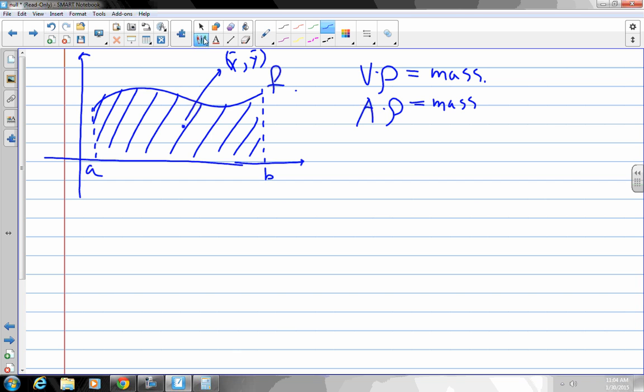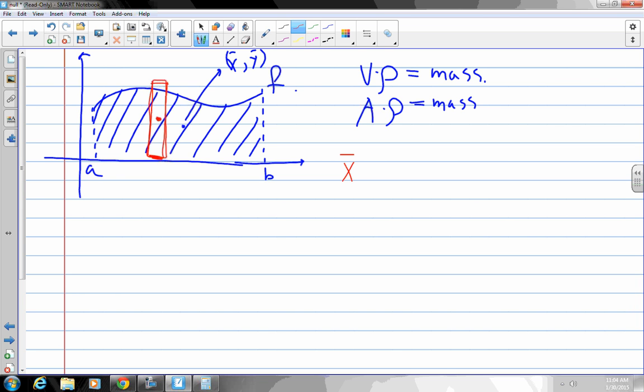So anyway, if I take a strip of this thing, and it's bounded by the x-axis, and I want to find its center, how are we going to do the center?